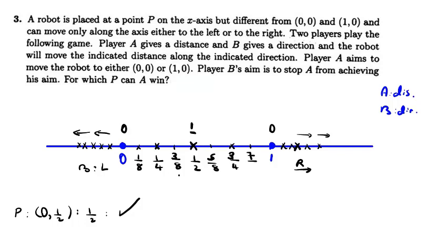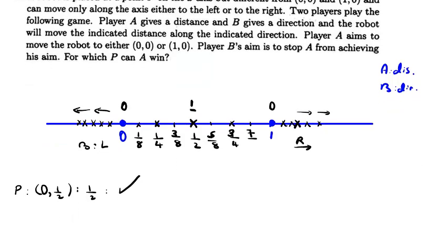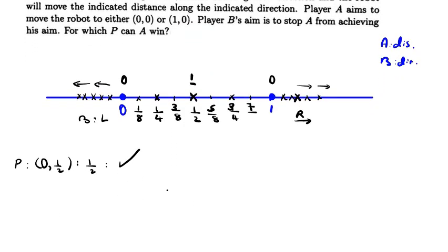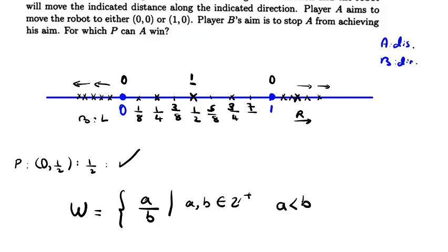So if you consider, it will be something over 2 to the power of something. So the cases where A wins are these points a over b, such that a and b are positive integers, and a is strictly less than b. And let me write another condition.